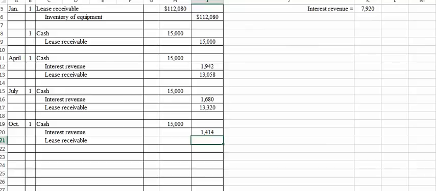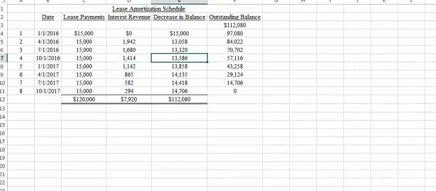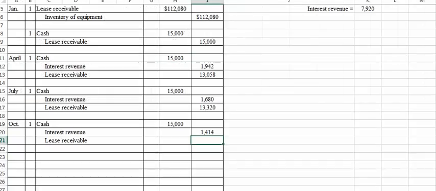Okay, then the decrease in lease receivable will be the amount of the decrease in the balance here, $13,586. So let's make sure those come back to the 15,000, and they should. There you go.